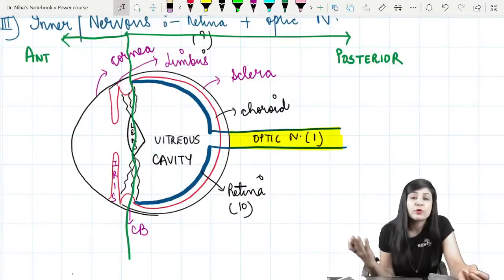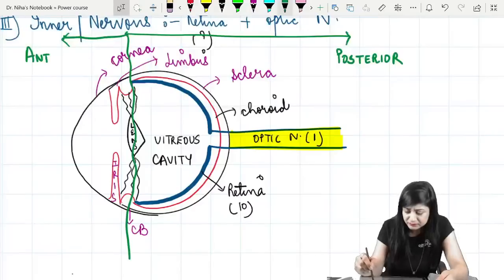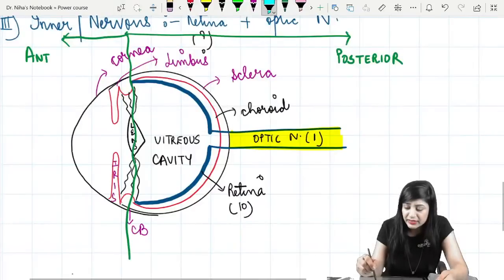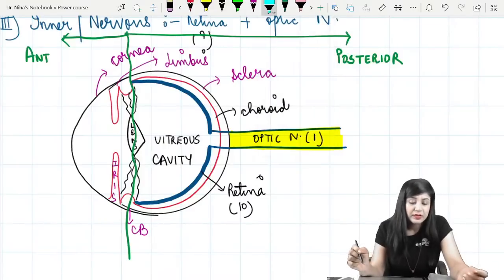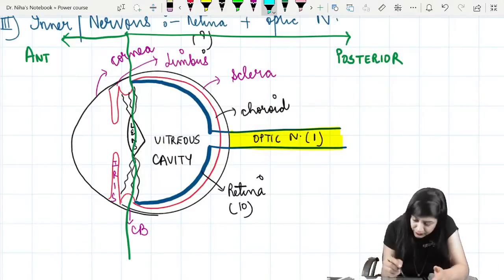Now, what is the fluid of the anterior segment, guys? Anybody? It is aqueous humor, and aqua means water. So now I will be drawing the aqua blue color here.